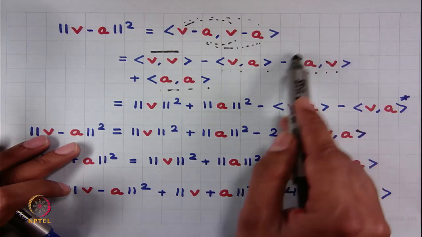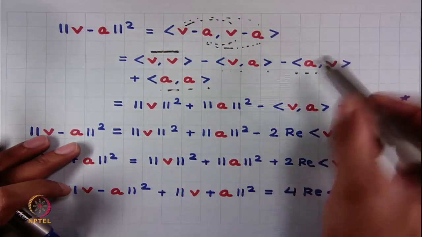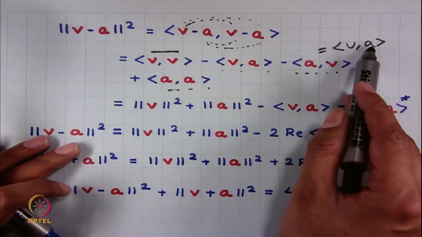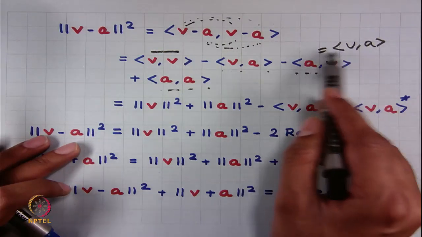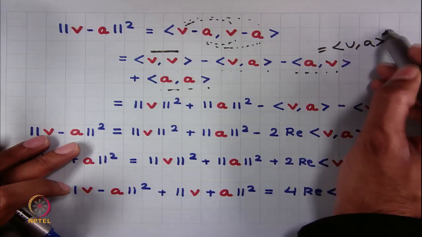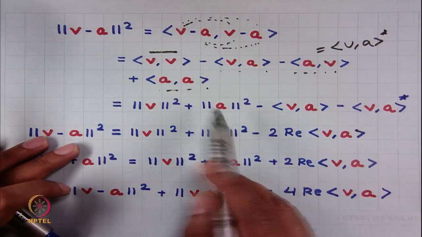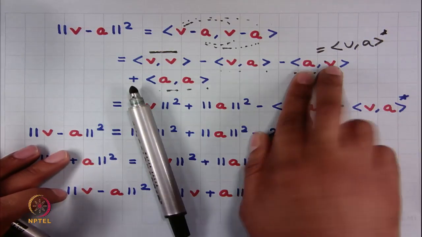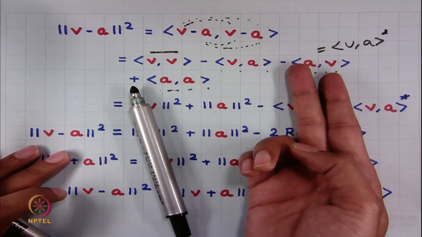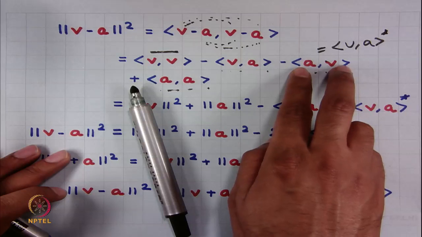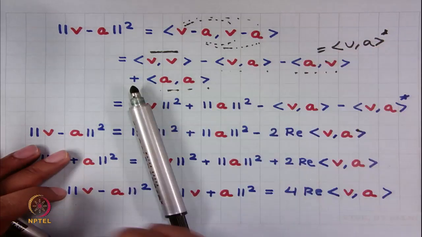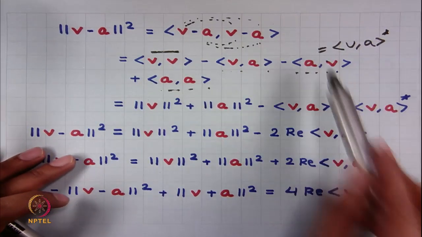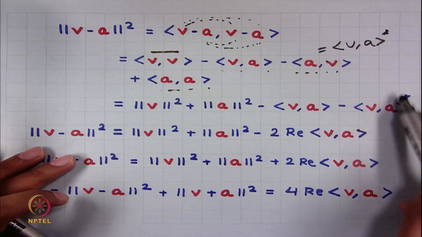If you want to think about this, you can think of this in terms of the inner product of v with a. So, this thing will be the same as the inner product of v with a, but with a conjugate. So, what we are saying is if you have to calculate the inner product of these two vectors, you can simply flip the vectors, compute the inner product. Now, this inner product will be simply the conjugate of this inner product. So, what we get is the inner product of a with v is simply the inner product of v with a, but with a conjugate.